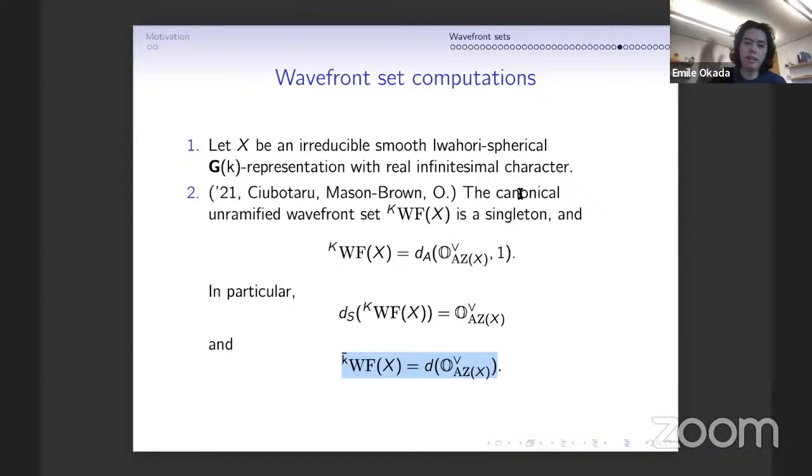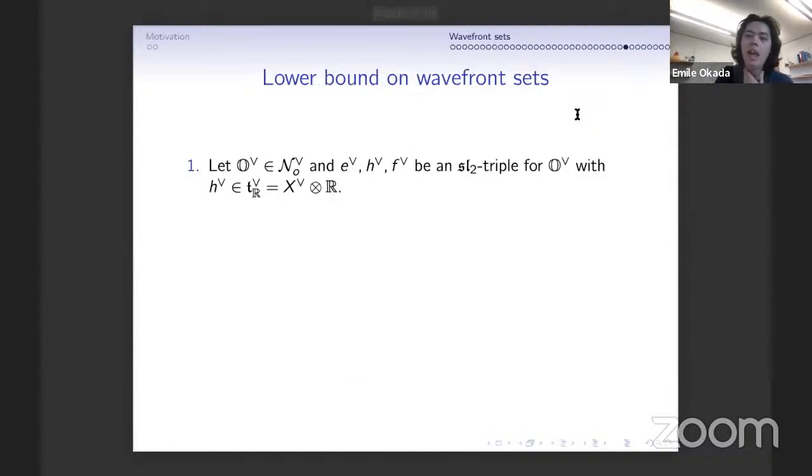So Barbasch and Vogan in '85, like I mentioned earlier, defined these Arthur packets in terms of the wavefront set, and we were hoping to do the same thing for the p-adic groups. So define these building blocks for the unitary representations. And I'll give an example shortly, but let me first state the results that we have.